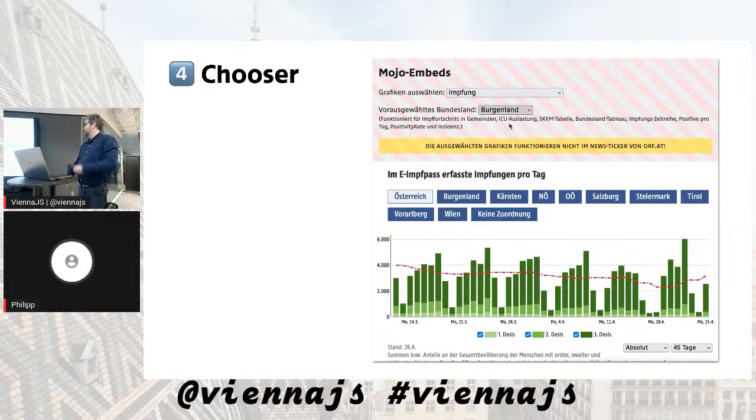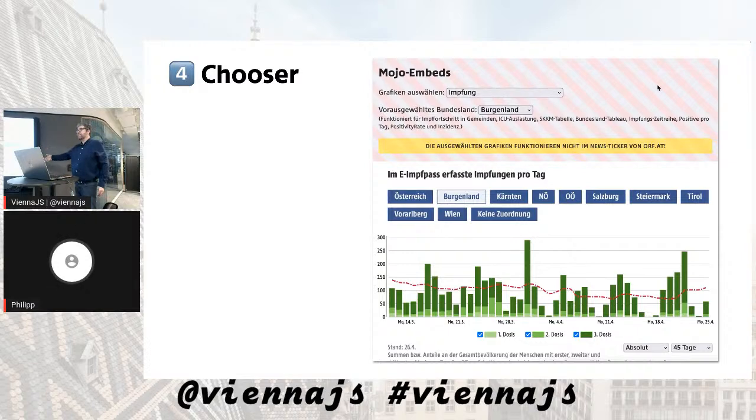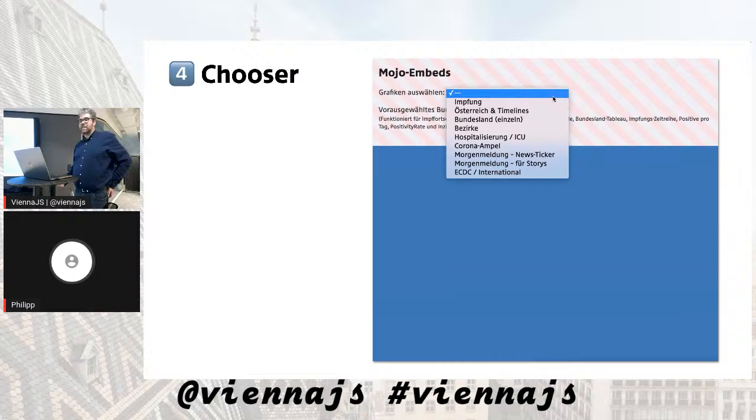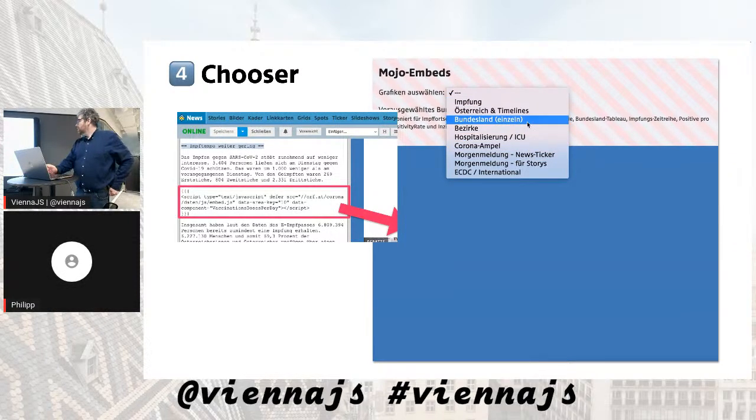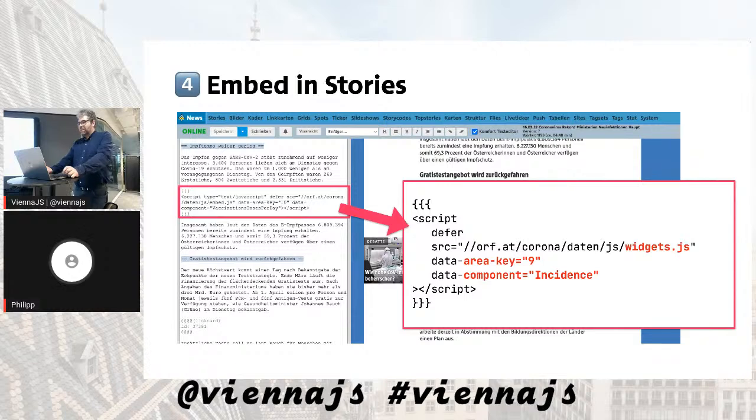And they also get a nice preview with the real live data, so they can check if everything is like they expect. And you saw it a little bit earlier in Felix's presentation. They then just copy-paste it in the story editor, click on publish, and the thing goes live.